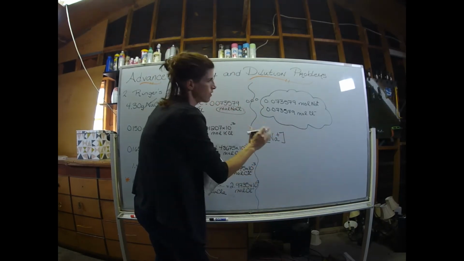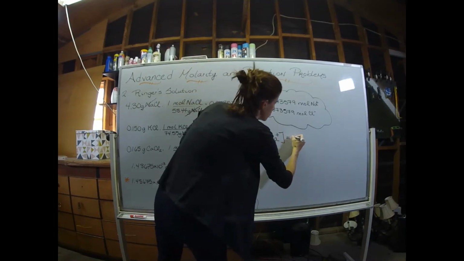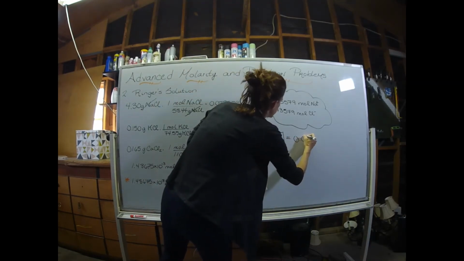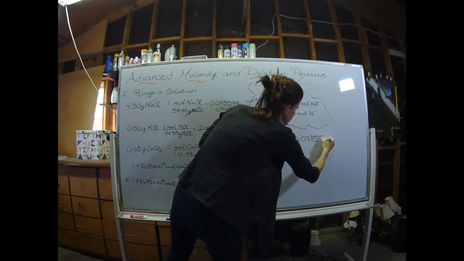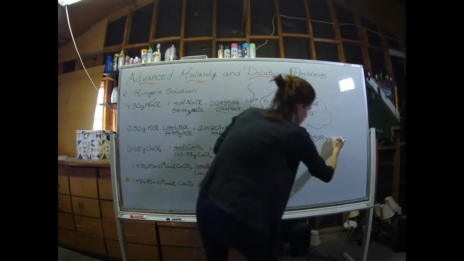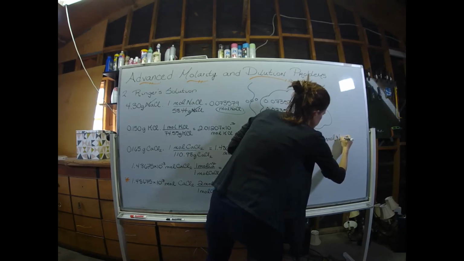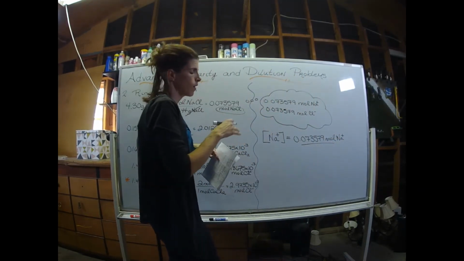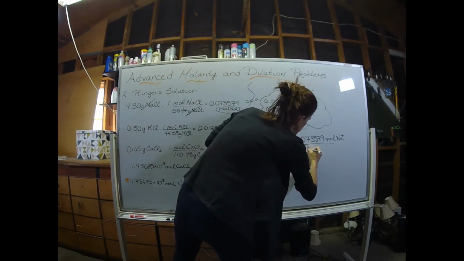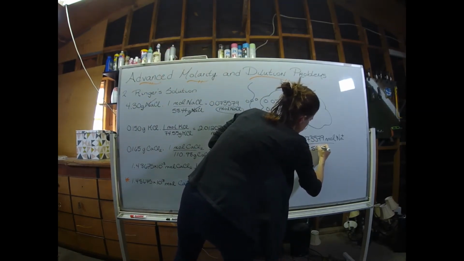So the molarity of the sodium ion is going to equal the moles of sodium ion divided by 0.500 liters, because they told us 500 mL.